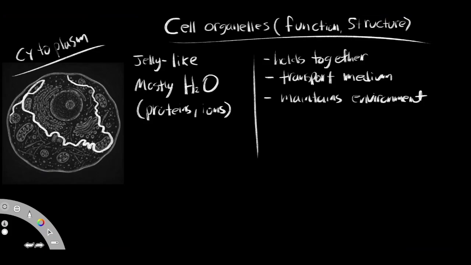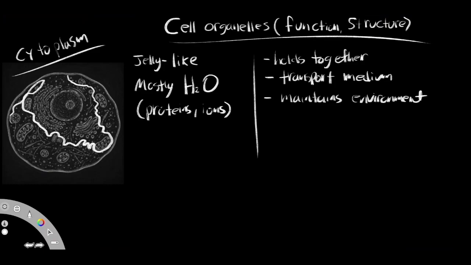A good thing to think about if you've taken chemistry already is specific heat capacity, right? Because water has a relatively high specific heat capacity, there's not going to be sudden changes in temperature because it's going to be difficult for that material to change temperature abruptly, because of that specific heat capacity. Okay, so again, it maintains that optimal homeostatic environment that we want to be more or less balanced most of the time.